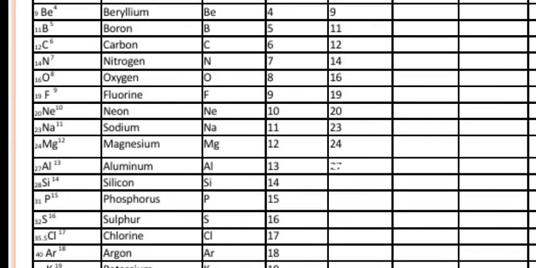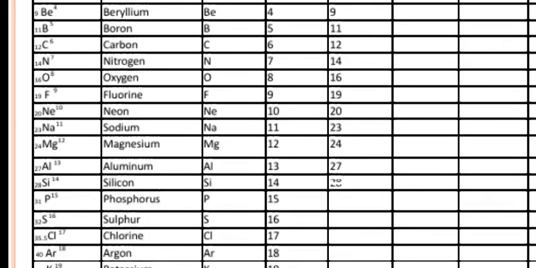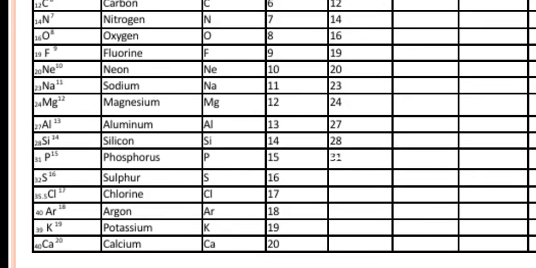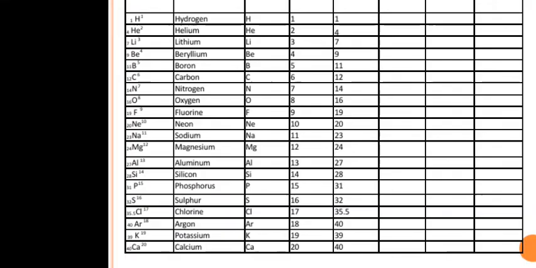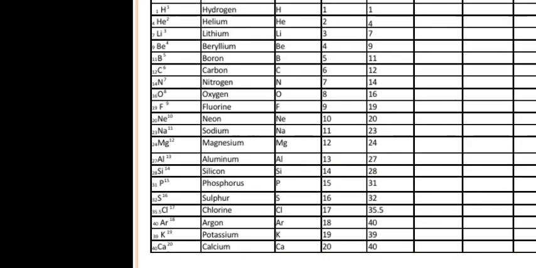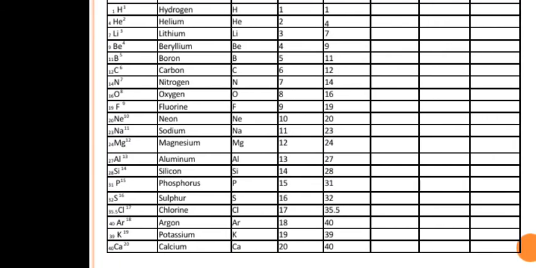Magnesium 24, aluminum 27, silicon 28, phosphorus 31, sulfur 32, chlorine 35.5, which is written here, argon 40, potassium 39, and calcium 40. You can see here clearly. You have to copy it down in your worksheet pad. You can take a screenshot of this screen and do it in the worksheet pad.